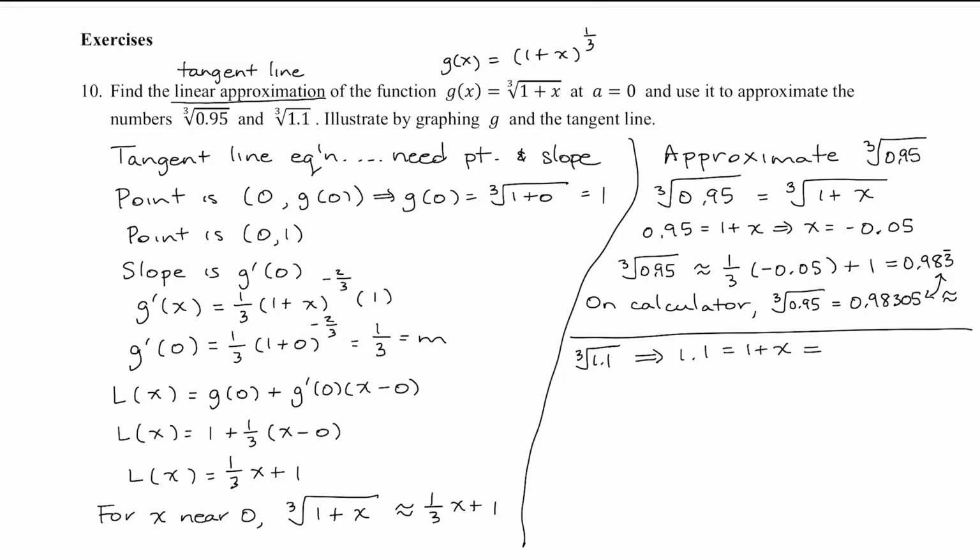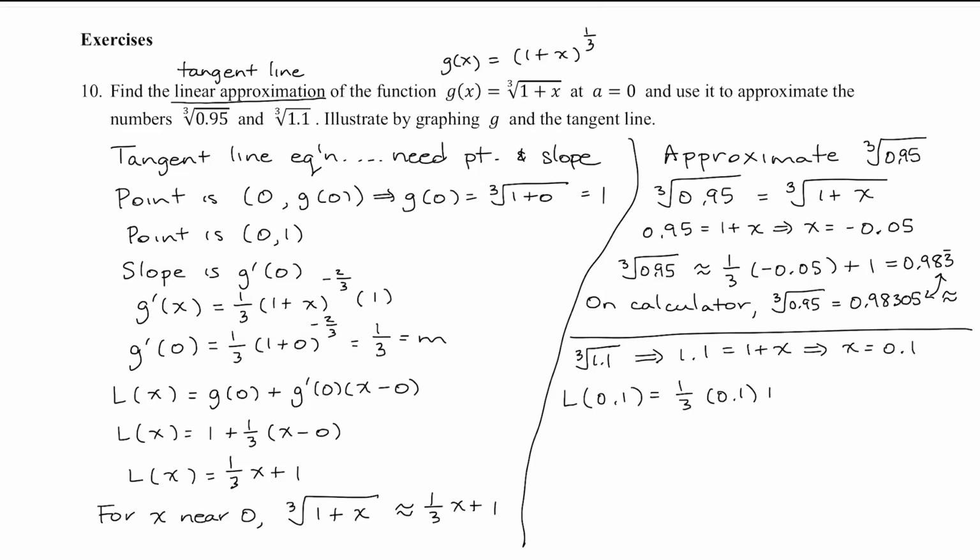Right, and again, relating what's under the root to 1 plus x, that means my x value is 0.1. In other words, if I take 1 plus 0.1, I get the 1.1.